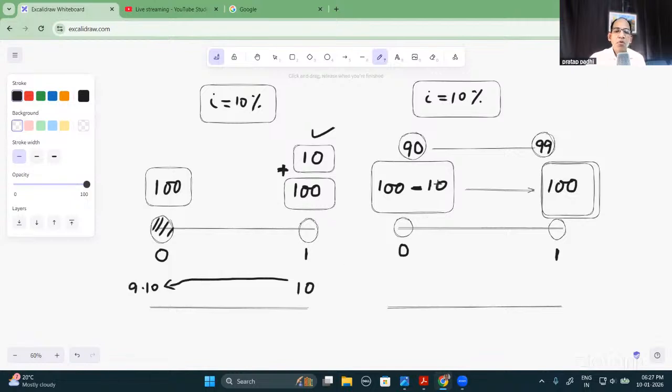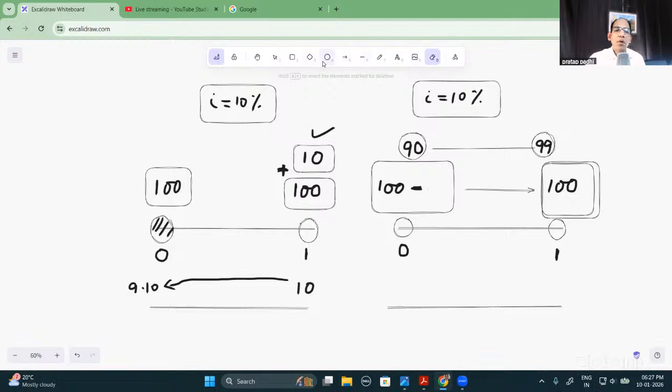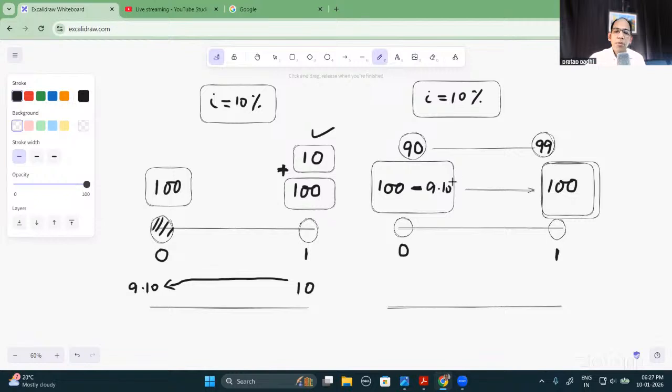That means you are supposed to deduct how much? 9.09, 9.10. That means you have to give 90.90. From where this number came, I'll go to that. So corresponding to i 10%, if you write the discount rate 9.10, that will be your d.